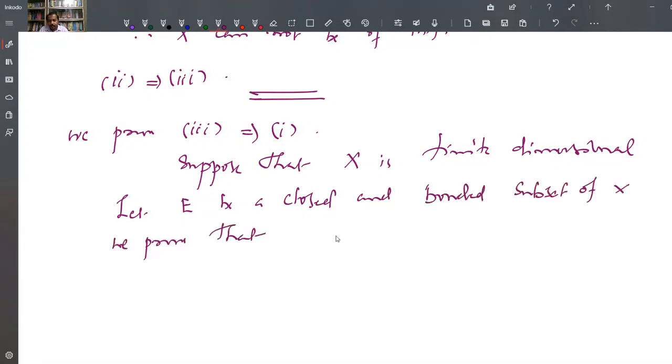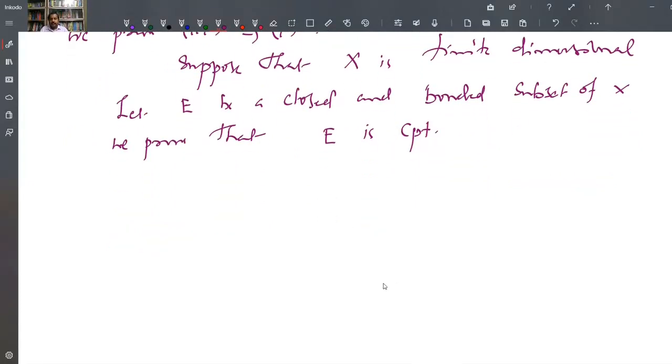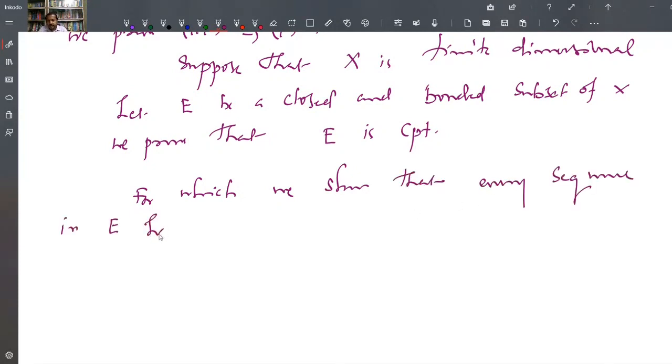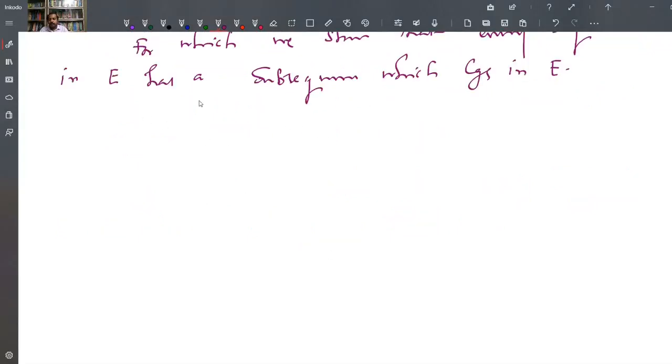We prove that E is compact, for which we show that every sequence in E has a subsequence which converges in E. So we consider a sequence xn in E. Let xn be a sequence in E.